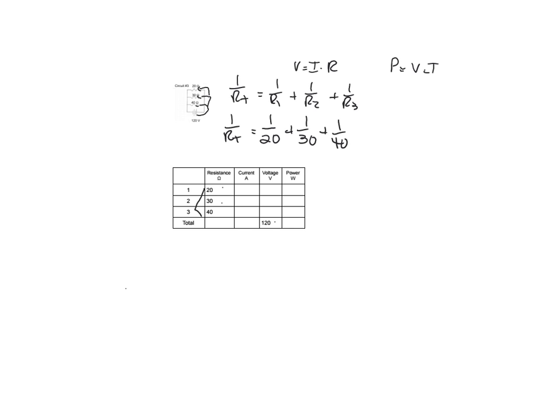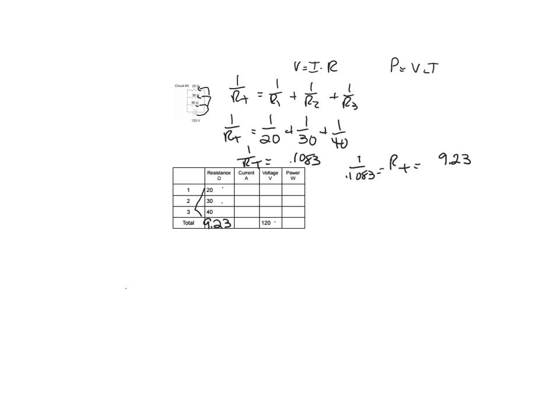And when we look at our calculator, you're going to end up at this space, 1 over RT equals the number 0.1083. You're going to take 1 over that number, 1 over 0.1083. So you're doing a lot of inverse functions here to come up with the final answer. I'm going to report my answer to 3 sig figs. This is the total resistance, also known as the equivalent resistance of this circuit.